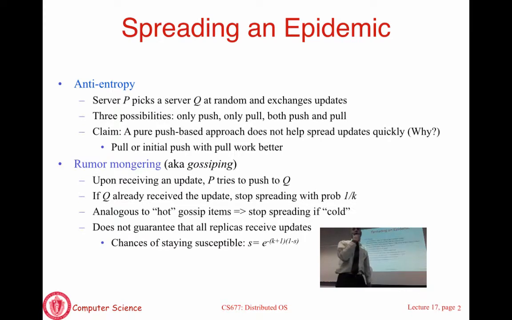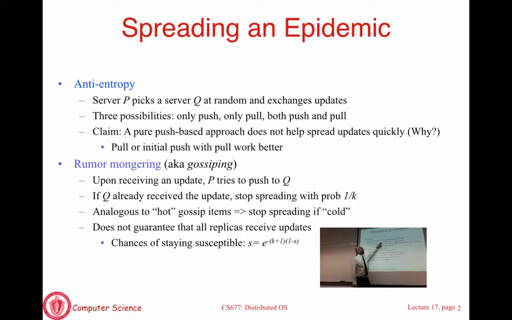All right. So now we'll talk about two specific types of epidemic protocol. One is called anti-entropy and the other is called rumor mongering. In anti-entropy, server P picks server Q at random and both of them exchange updates. There are three variants of anti-entropy.